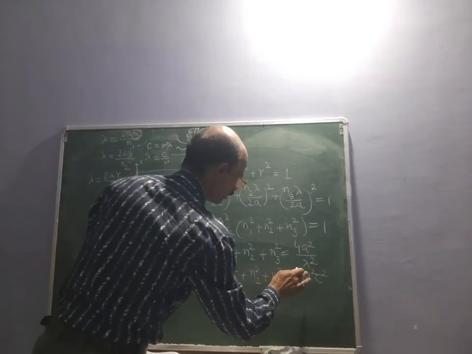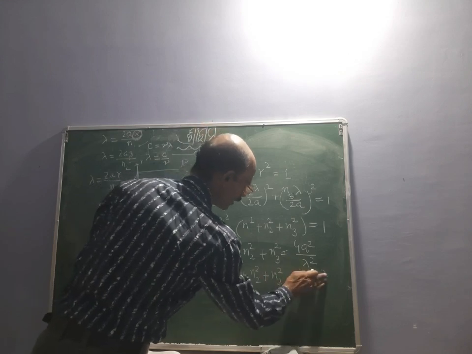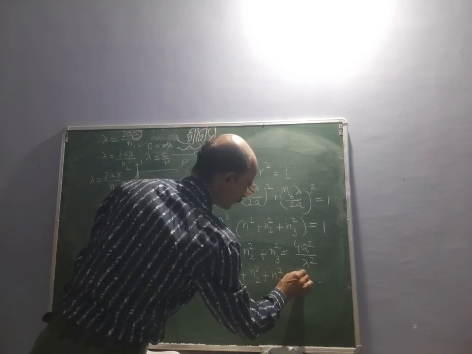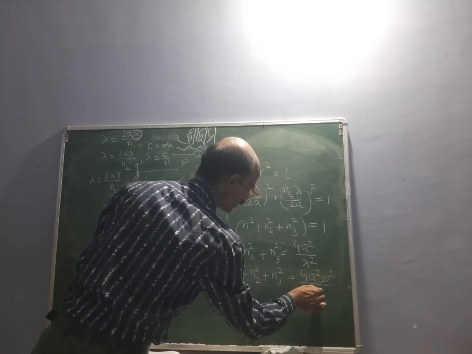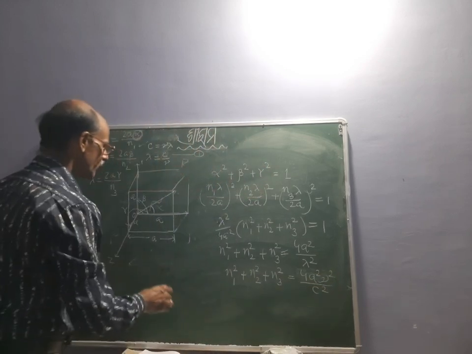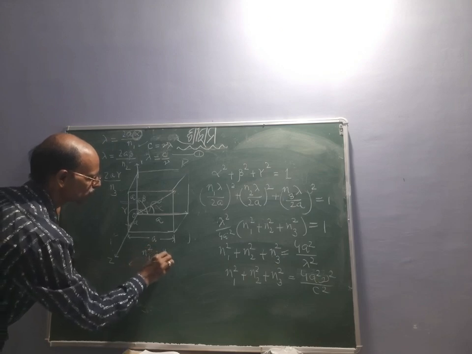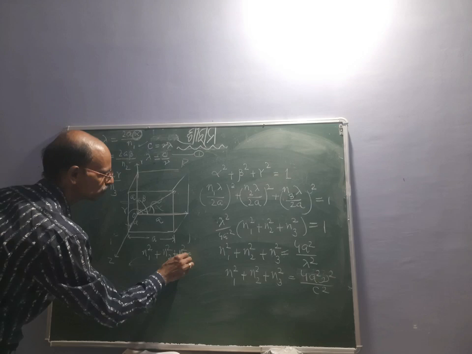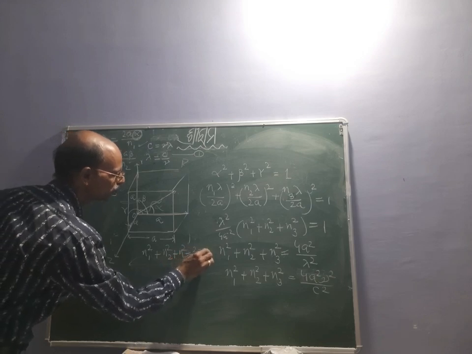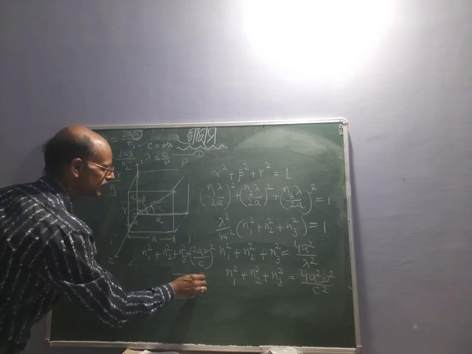So using c by nu in place of lambda, we will get 4A square nu square by c square, or we can write n1 square plus n2 square plus n3 square is equal to (2A nu by c) whole square. Let it be relation 3.